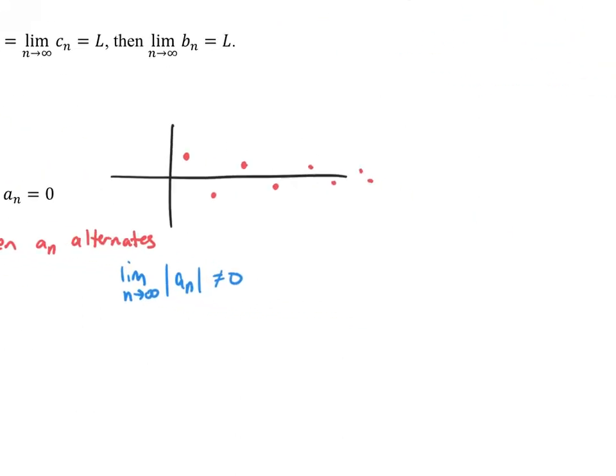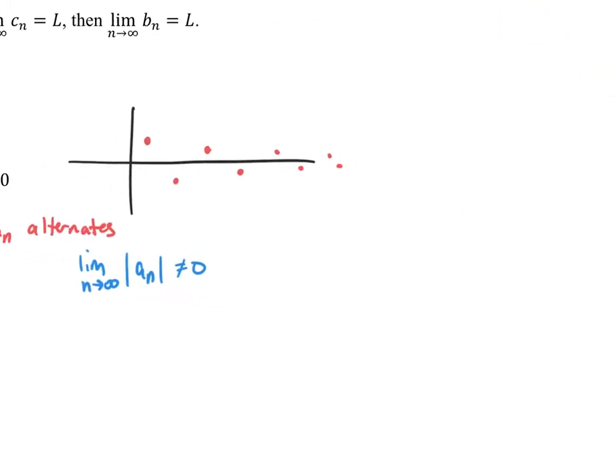Okay, for example, let me just give you a quick one here. Let's say that a sub n is equal to 1. That's a really boring sequence, but let's just say that that's what we have. Well, this obviously converges to 1 because the limit of a sub n as n goes to infinity is equal to 1.